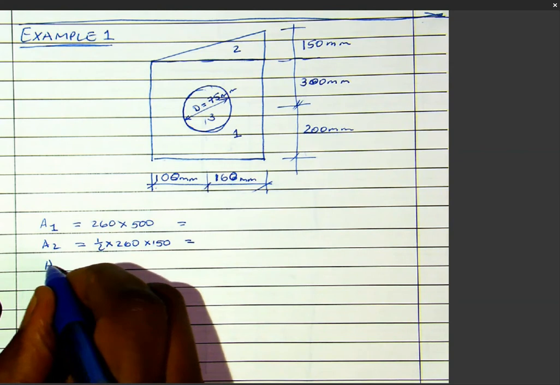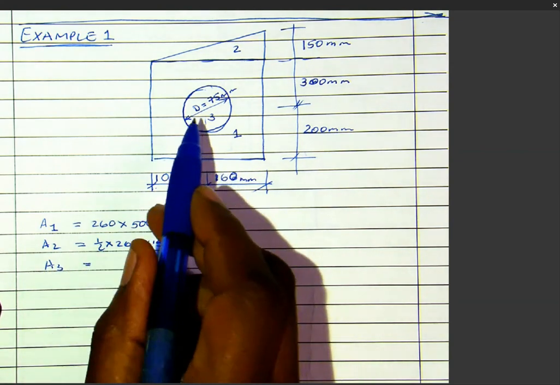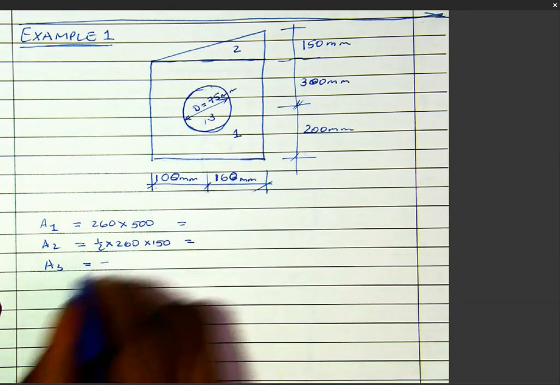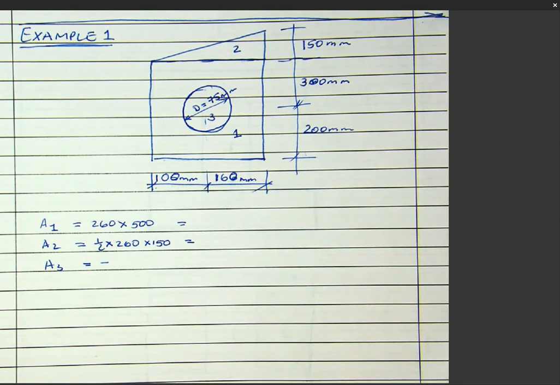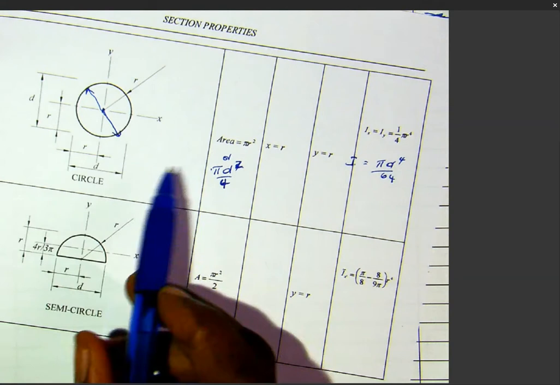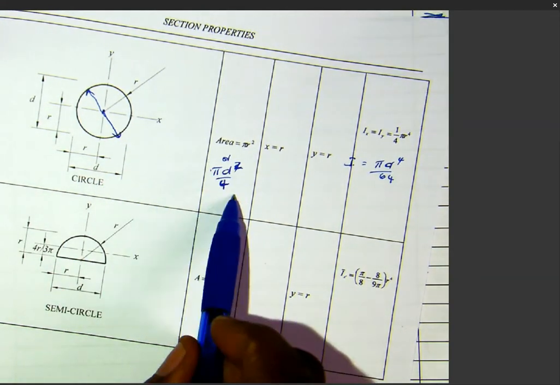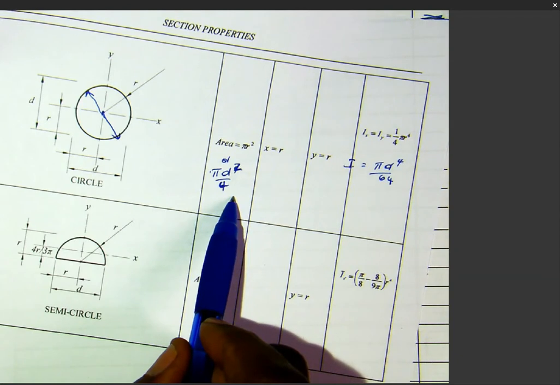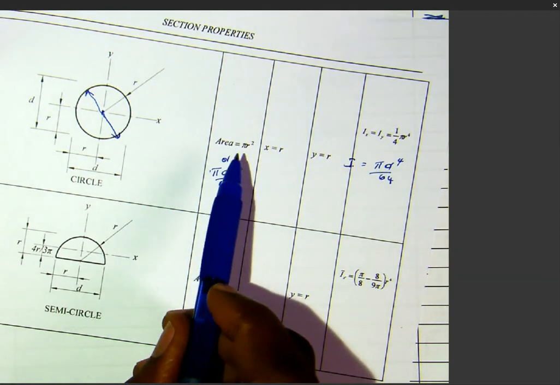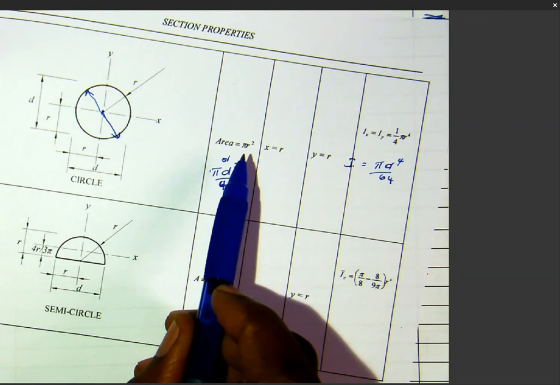I'll go to area 3. Remember, area 3 is an opening, so it's a minus area. I said when I was explaining this, if you're using the diameter, your area is pi d squared over 4. If you're using the radius, your area is pi r squared.